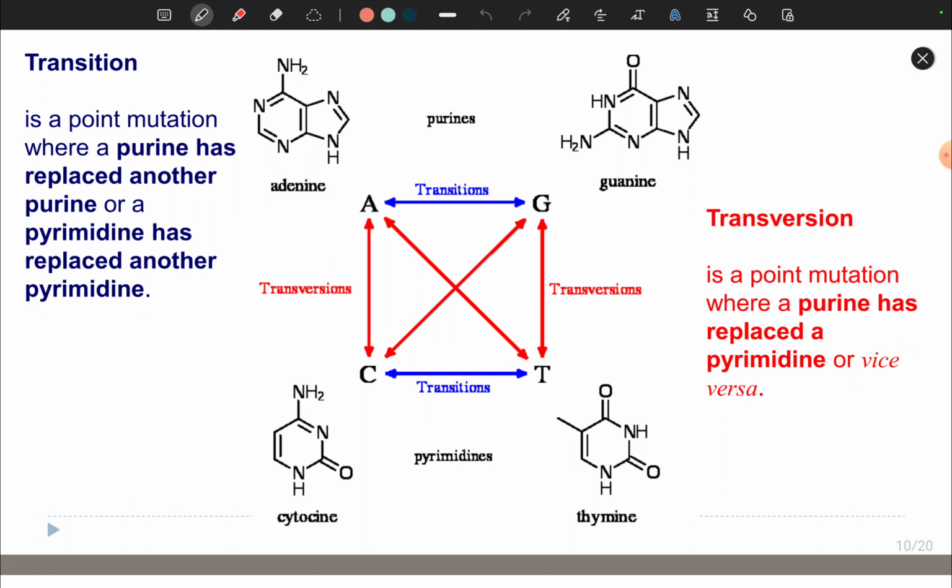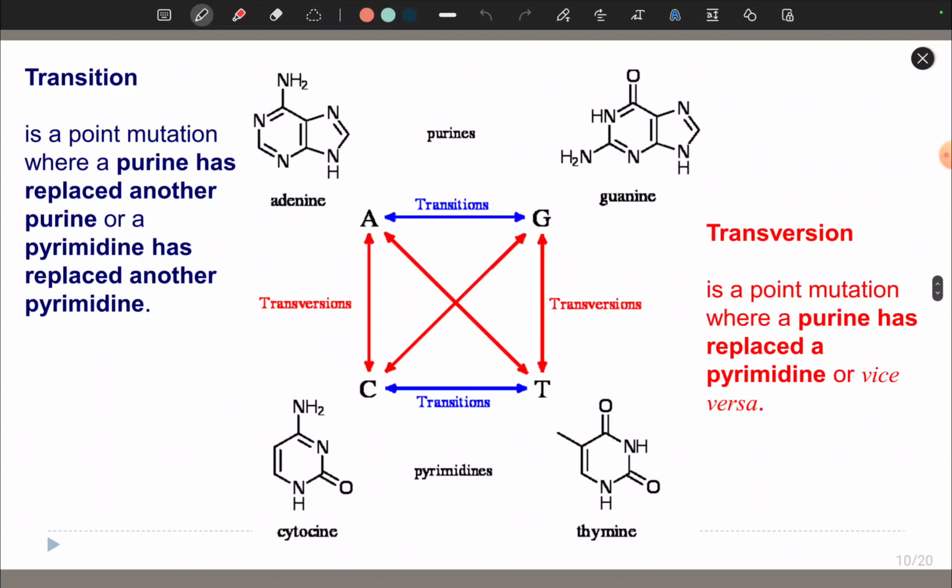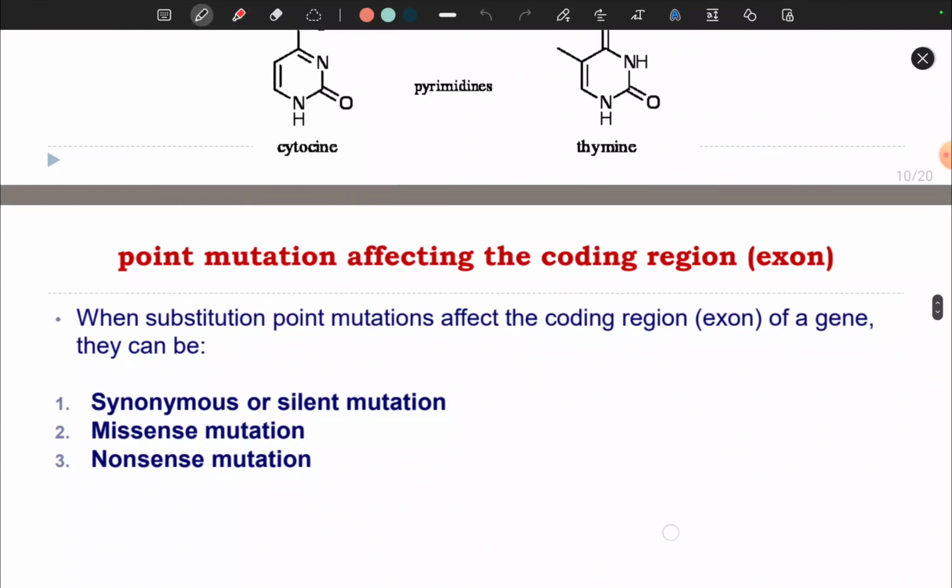Transversion is point mutation, but pyrimidine to purine or vice versa, purine to pyrimidine. You have 3 types of these point mutations affecting the coding region: synonymous or silent mutation, missense and nonsense.